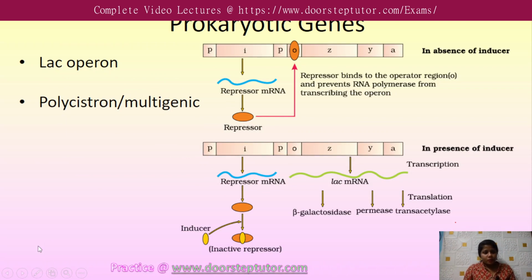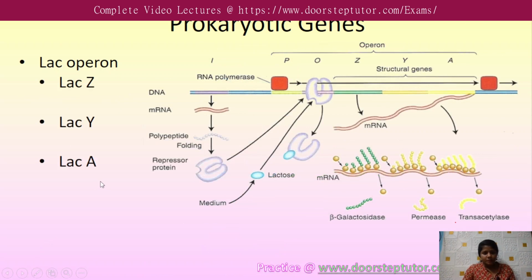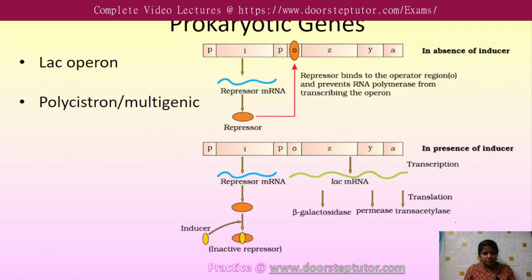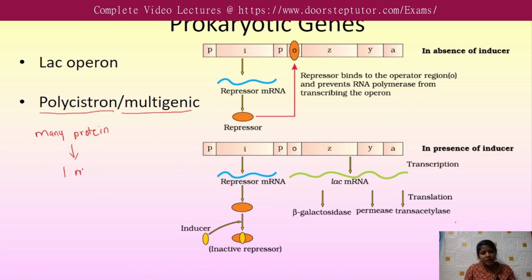Next, as we know, the prokaryotic genes are polycistronic or multigenic. That means many proteins or more than one protein is produced from the single mRNA.